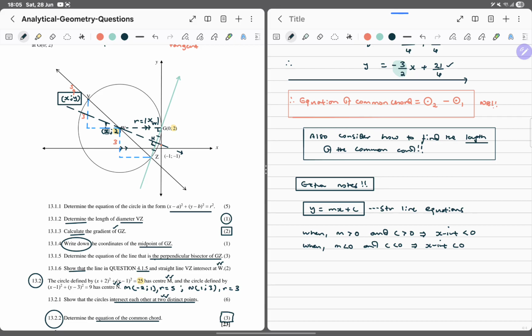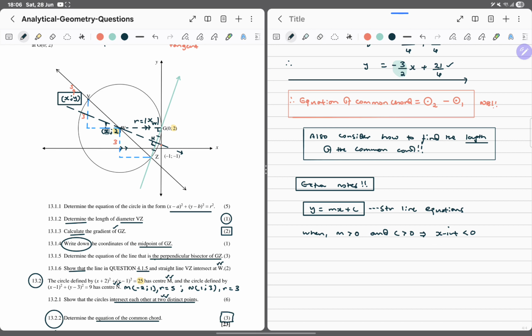Right? When the gradient of a straight line is negative and the y-intercept is basically negative. Perhaps I should have explored this before we explored the other one.